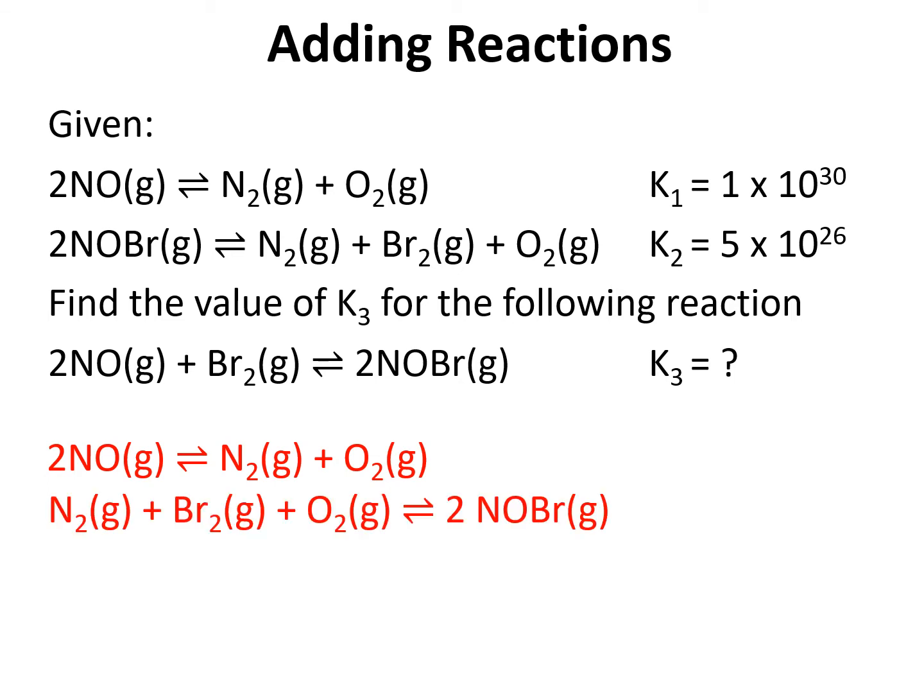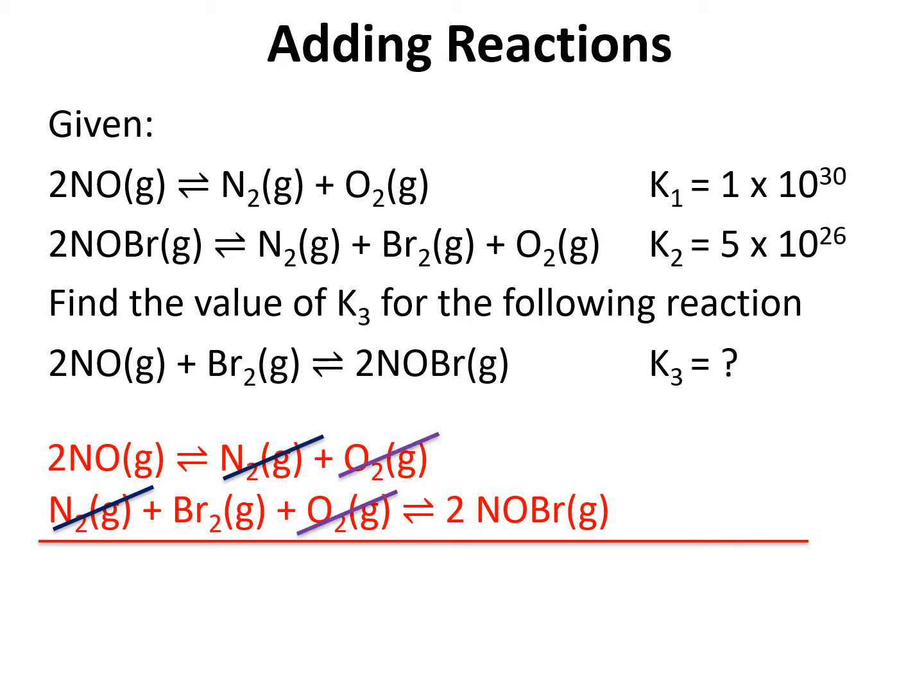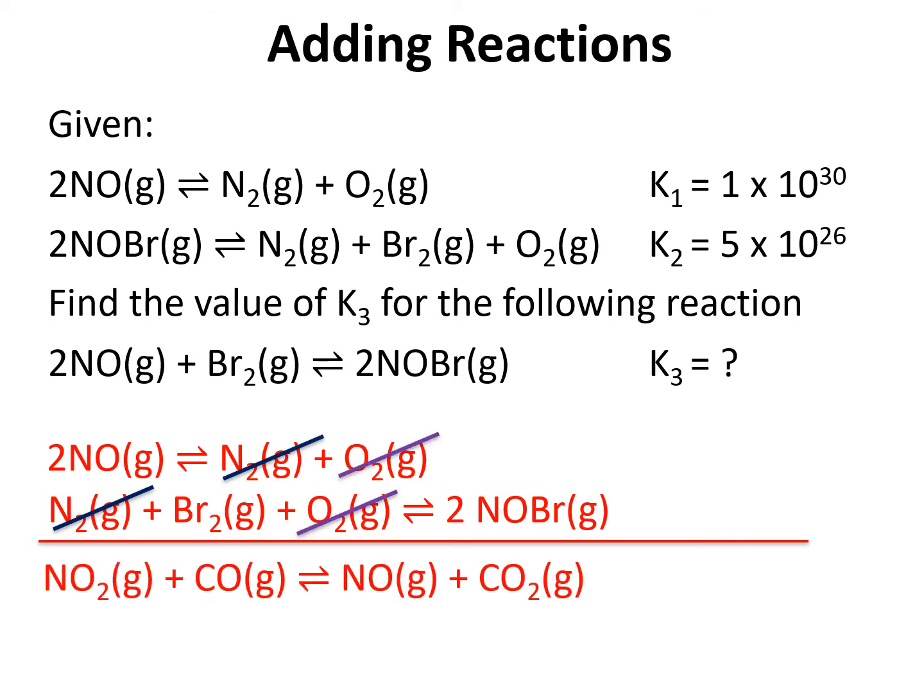Just like we've done with other calculations like this, we can go ahead and add these reactions. I know my nitrogens are going to cancel. I know my oxygens are going to cancel. And that's going to give me my desired reaction. So, like we did with Hess's law, I know that since I used my K1 reaction as is, K1 is going to stay the same.